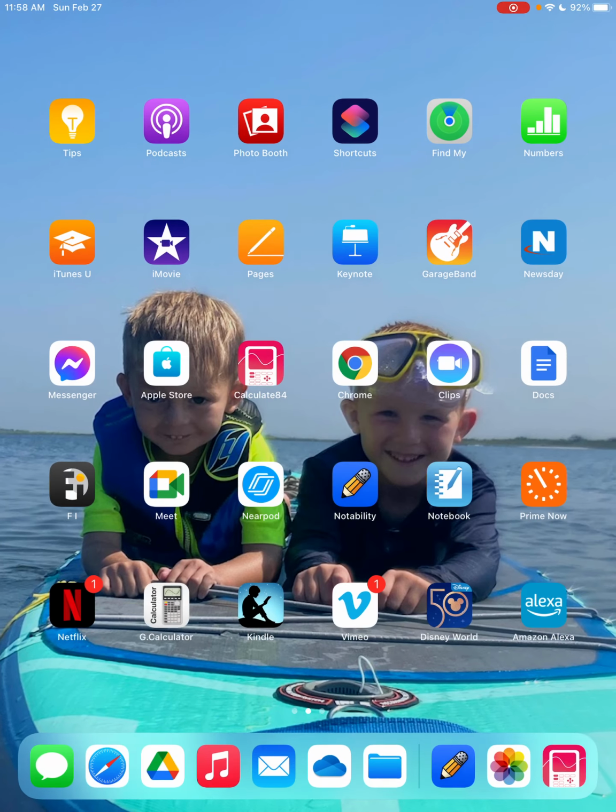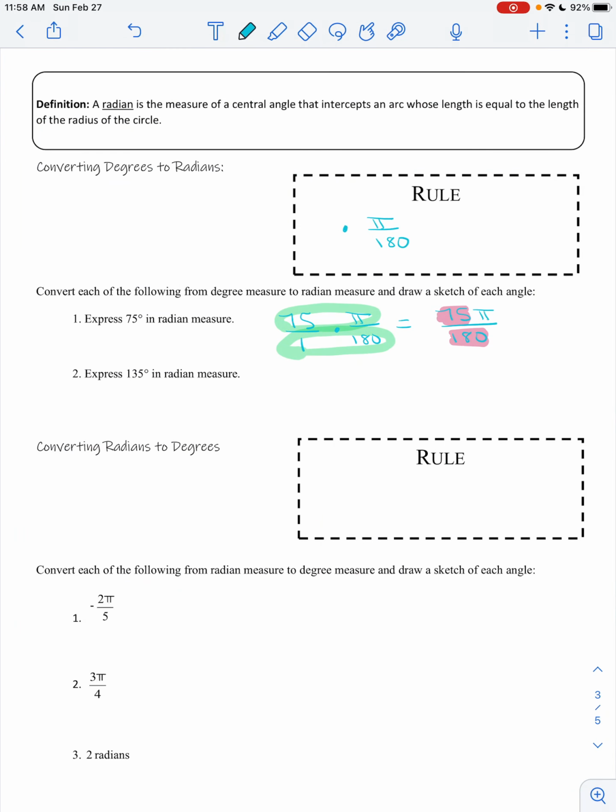It's 5/12. So another way that I could write this is 5 pi over 12. So the calculator is just helping you to reduce. You would also need to include the pi in your answer.